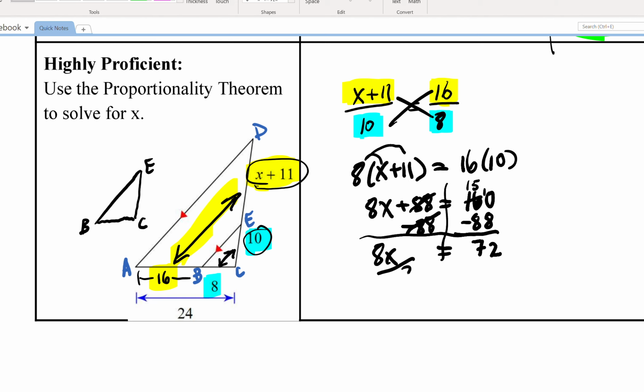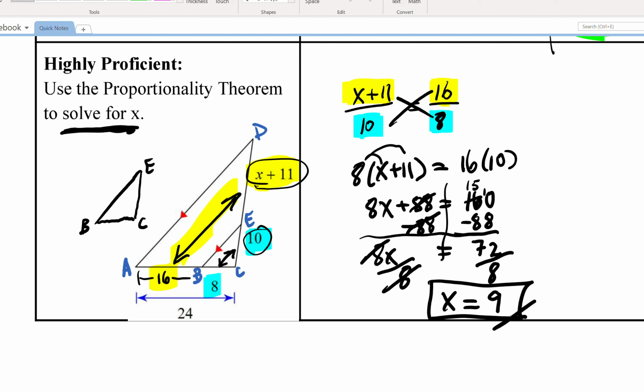Now I'm going to divide both sides by 8. Cancels the 8, and x then is equal to 72 divided by 8, which is 9. And I always want to go back and double check to make sure that I've found what I was looking for. It said solve for x, and I did solve for x, so that is my final answer.